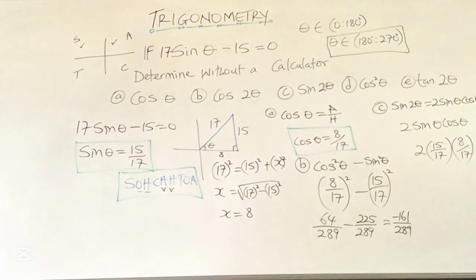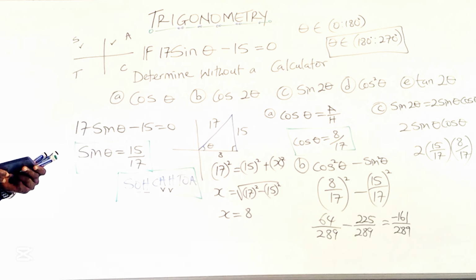We have 15 times 8. So this gives us 240 all over 289. And that will be the value for sine of 2 theta.